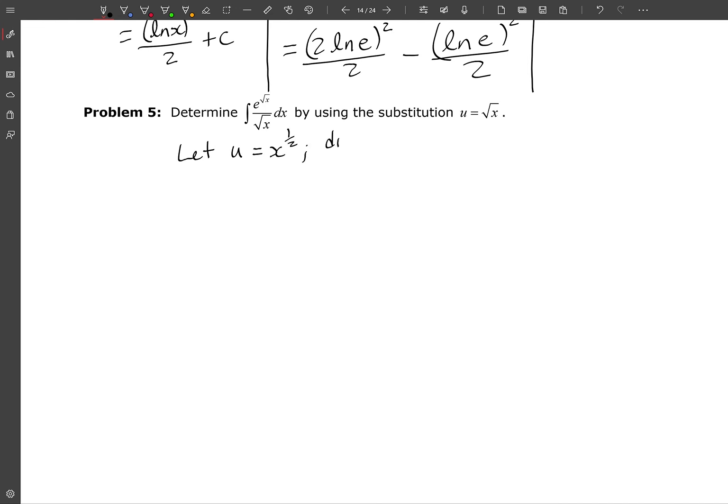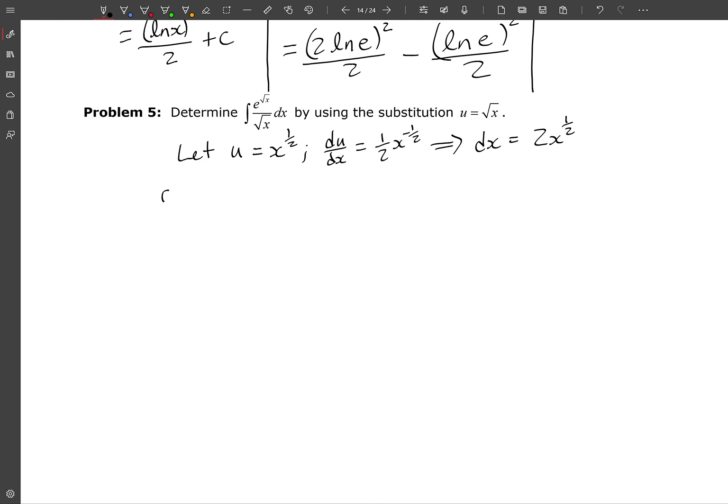This means our du dx is going to be equal to 1/2 x to the negative 1/2, which means that dx is going to be equal to 2x to the 1/2, just by rearranging. So when I move that x to the negative 1/2 into the denominator, it's going to just change the exponent there. So that's what we've got.